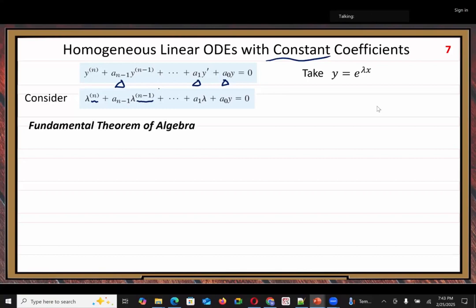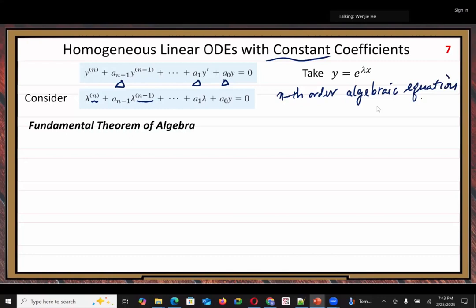In order to find the roots, because this is an nth degree algebraic equation, we need to solve an nth degree algebraic equation.